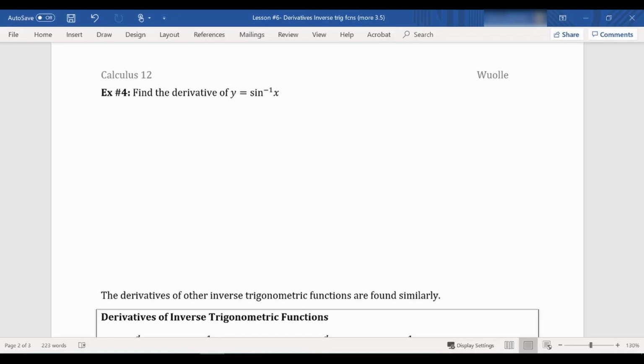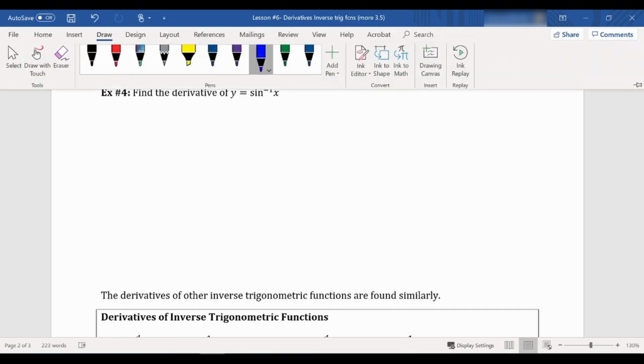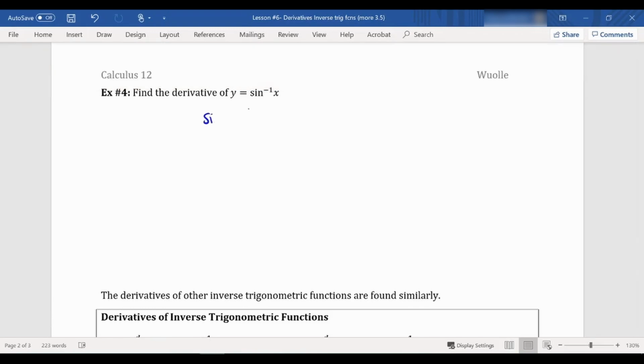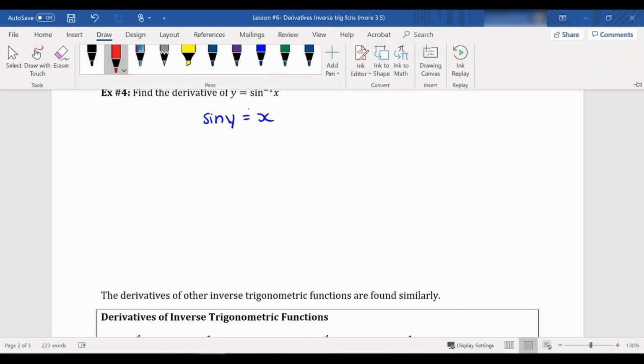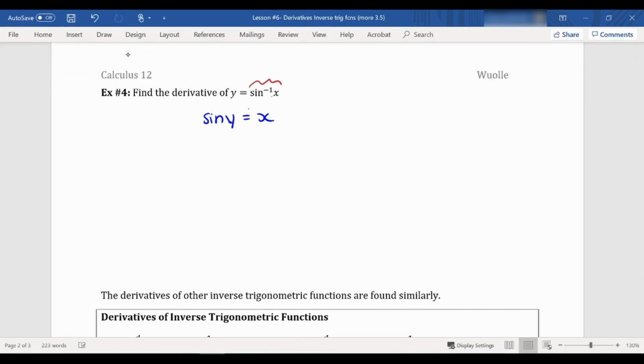So I'm going to rearrange this so that it's written as sine of something instead of inverse sine. And we know from our information about inverses that sine y, therefore, would equal x. So in this case, the y is the angle and the x is the ratio. Anytime you do an inverse trig function, you input a ratio and you output an angle.